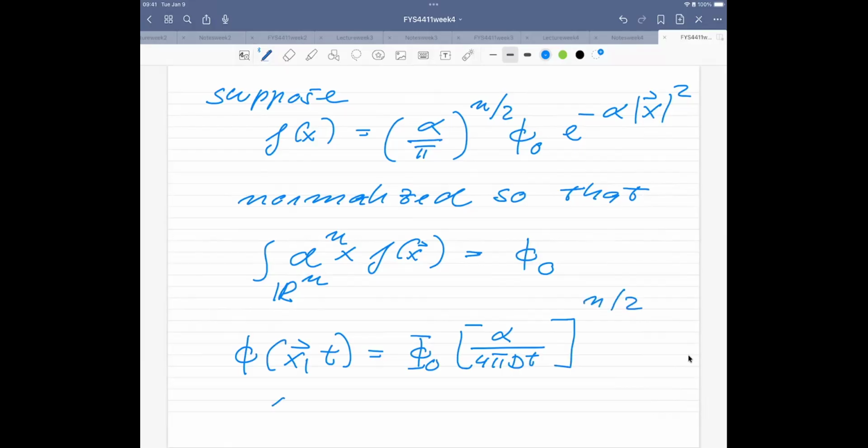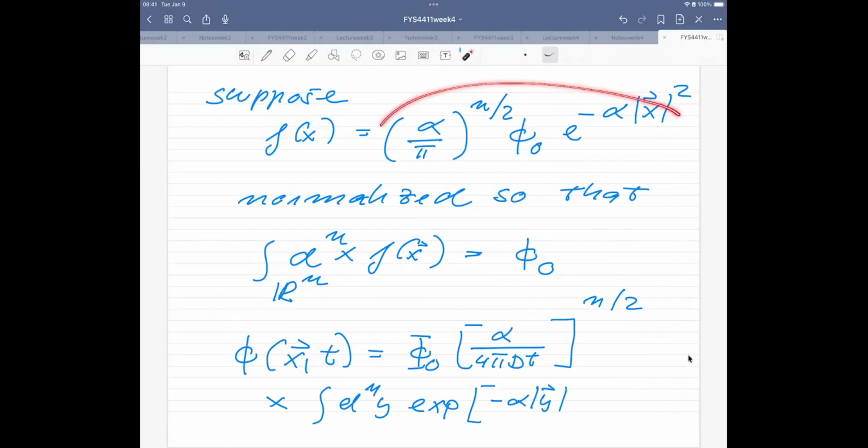And this is multiplied with a d n of y. And I have an exponential. And my function is now given by minus alpha times y squared. So this is nothing but us plugging in this function here, in here. But then I have minus this x minus y squared divided by 4 D t.